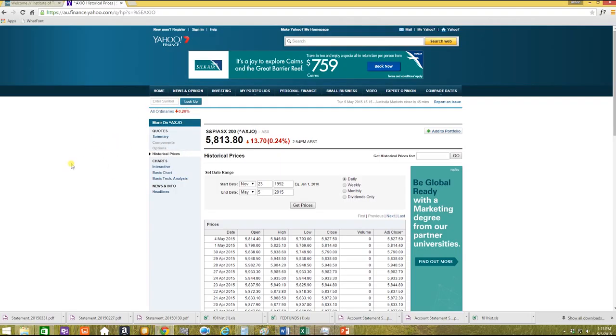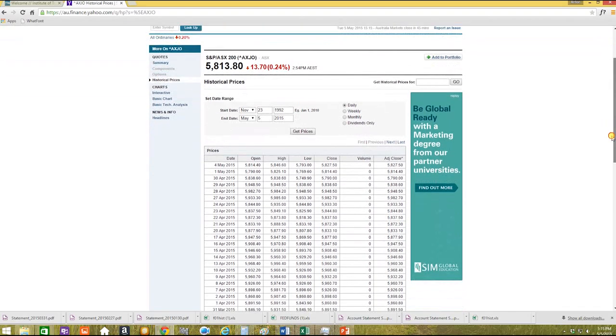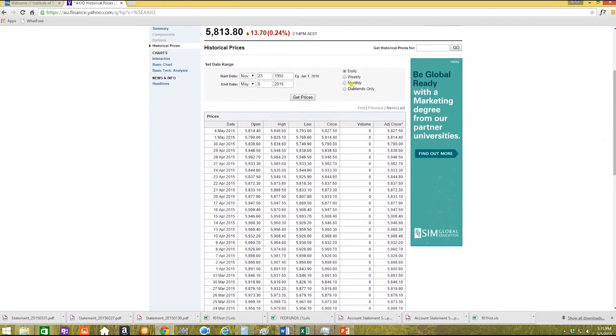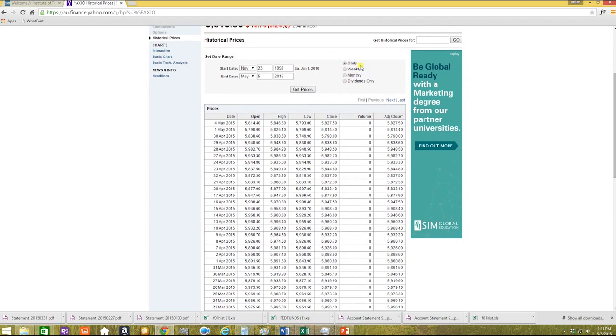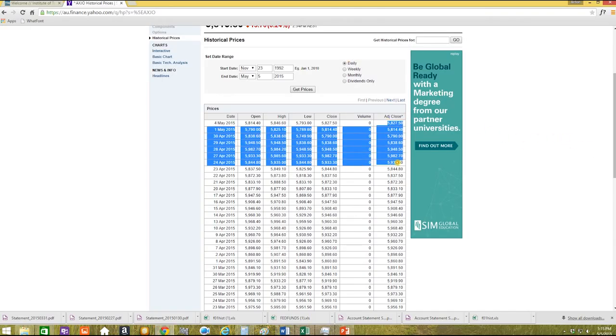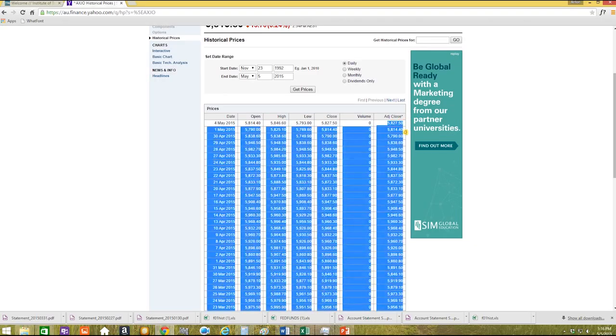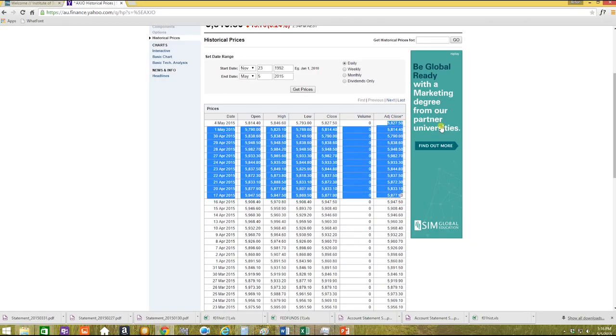But when you bring up the actual stock market, what you want to navigate to is the historical prices area. And you'll be able to get hold of daily, weekly, monthly data, and including or excluding dividends data. So we look for daily data, and what we take is the adjusted close. So the adjusted close price on the right hand side.